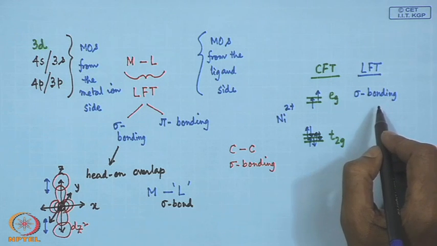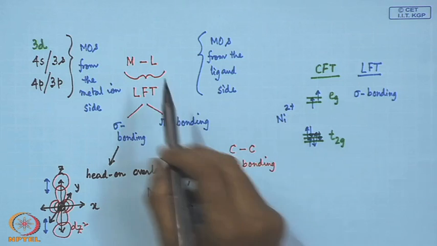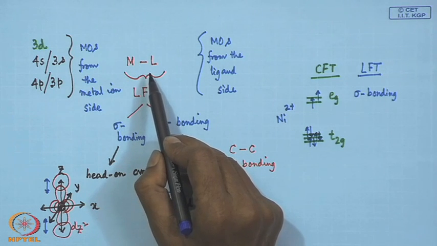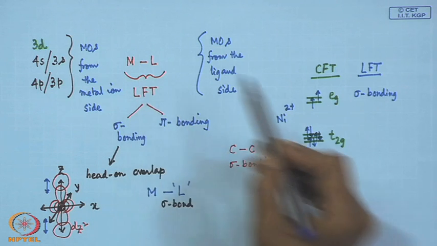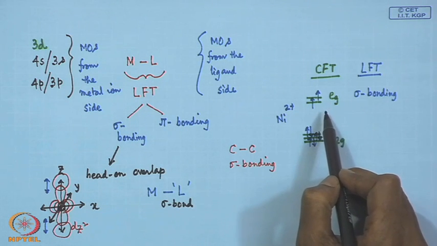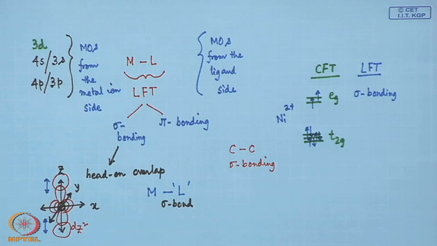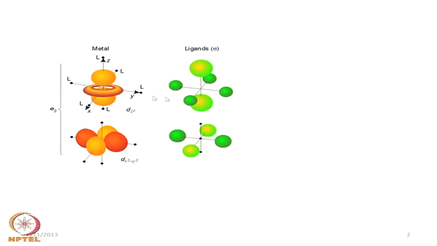As a result, if there is some metal-ligand interaction and covalency, it can only be explained in terms of the involvement of the Eg orbitals for sigma bonding.